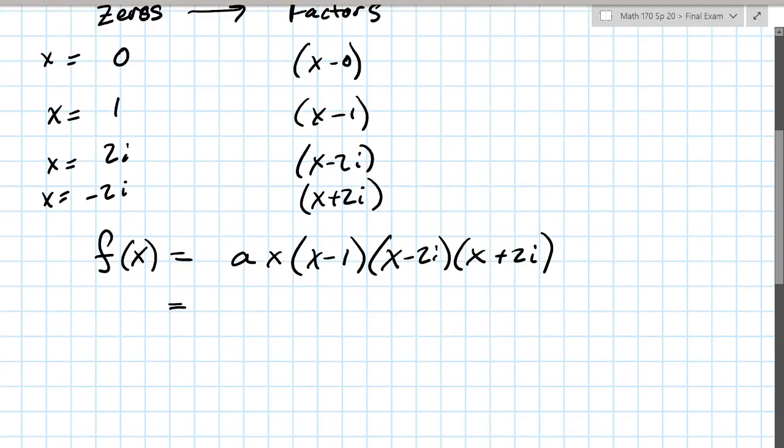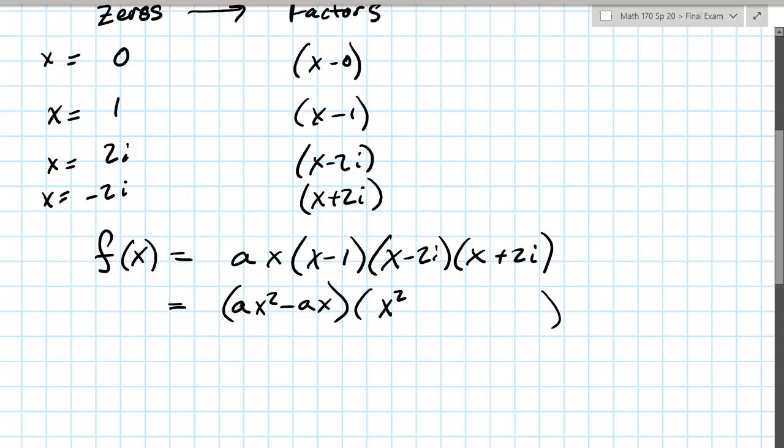I'm going to finish this problem up by distributing, multiplying it out, and writing my solution in descending order. So I'm going to distribute the ax into the first parentheses. I'm going to distribute x minus 2i, x plus 2i, or you could call that a FOIL, I suppose.